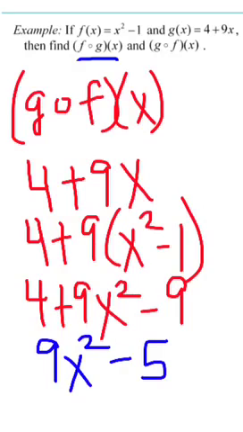Therefore, g of f of x is equal to 9x squared minus 5. A good rule of thumb, whatever the last letter is, in this case the last letter is f, that's what you're going to take and plug into the x of the first letter.